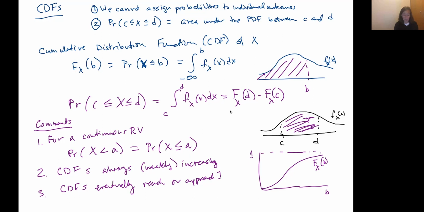Segueing into the next 2 lessons, we can actually think about CDFs for discrete random variables as well. It's not quite as urgent for them, but that is what we're going to be doing in the next 2 lessons.